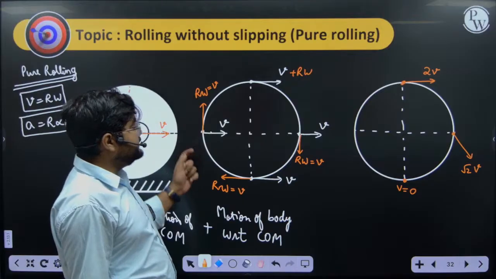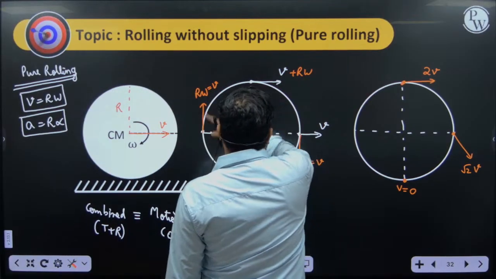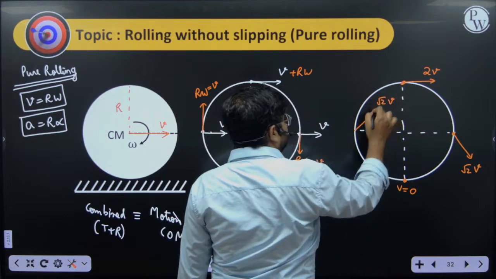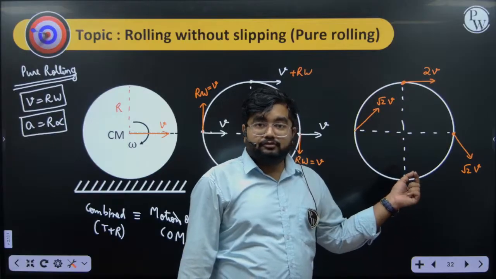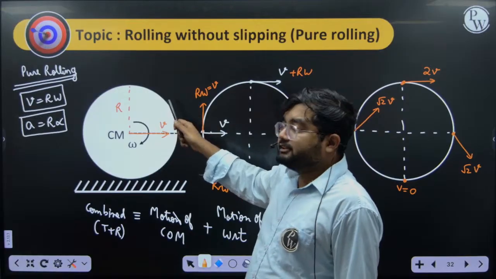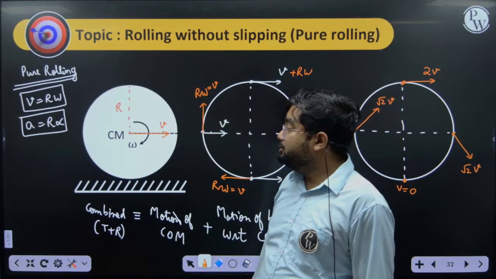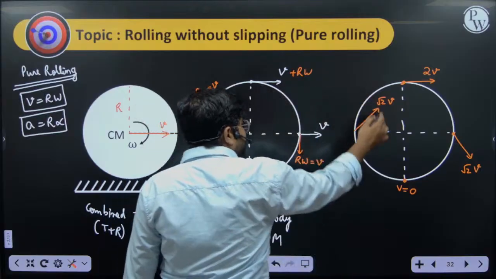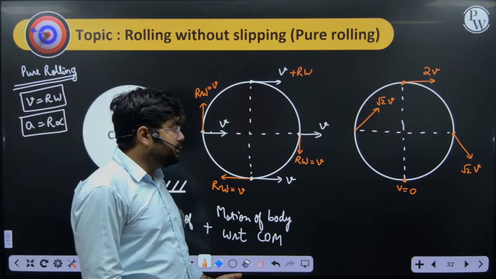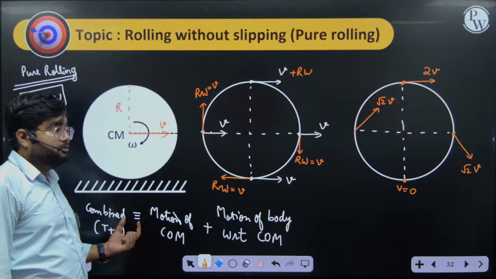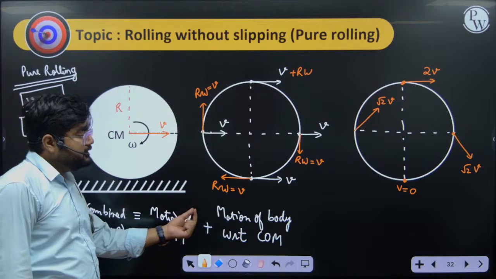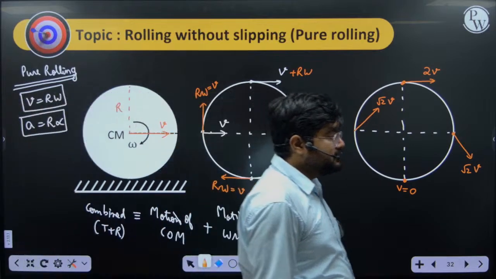And this point has v like this and v upwards, so root 2 v in this manner. So when this body is performing combined translational plus rotational motion in pure rolling, the four diametrically opposite points will have these speeds. We just found it using the fact that the combined motion is equivalent to motion of the center of mass plus motion of the body with respect to the center of mass.